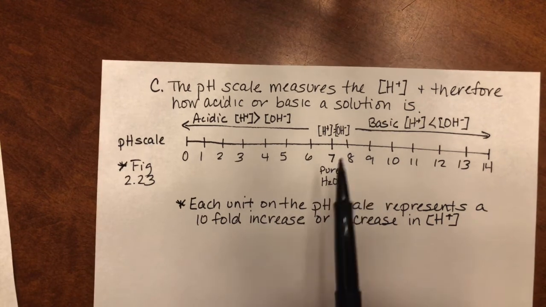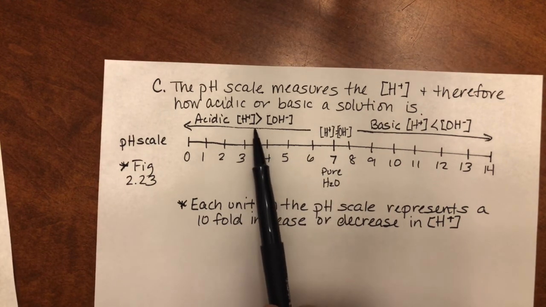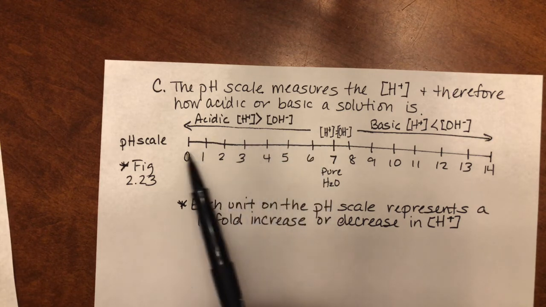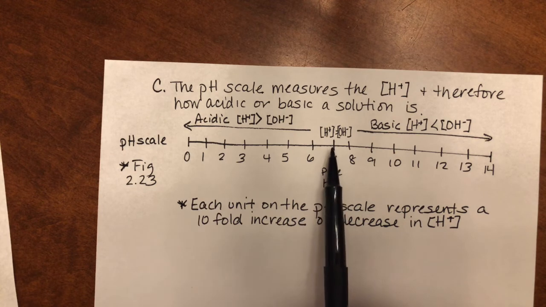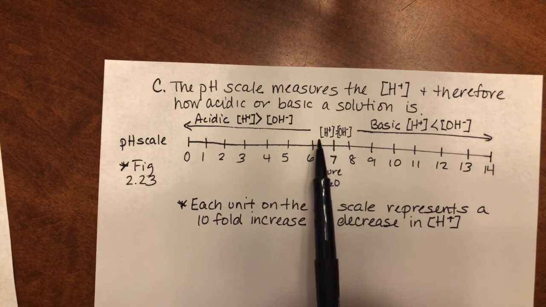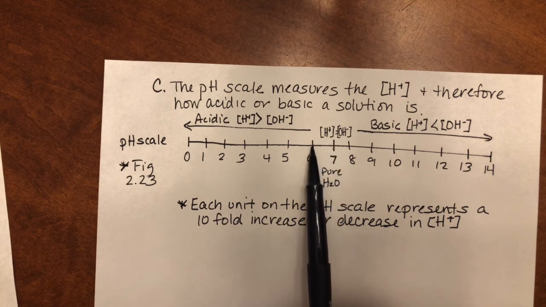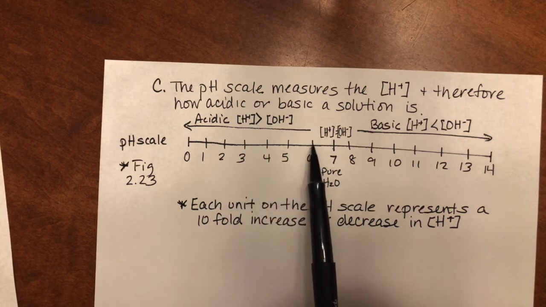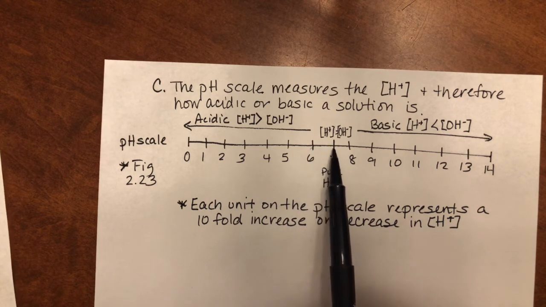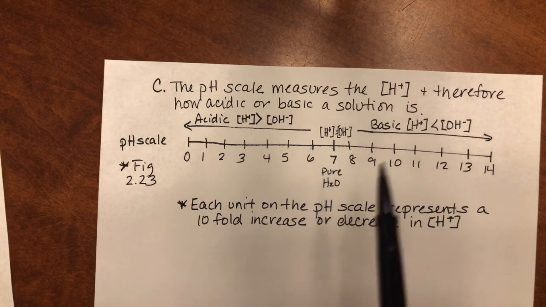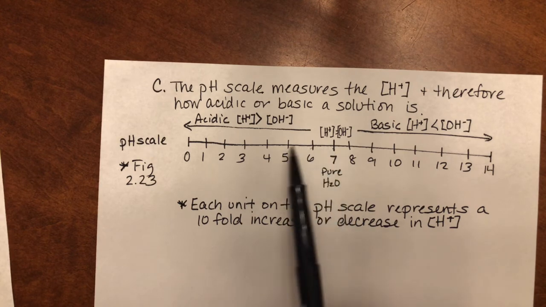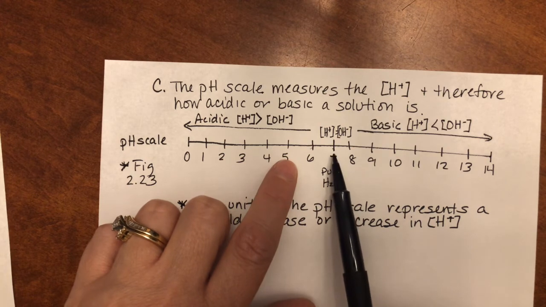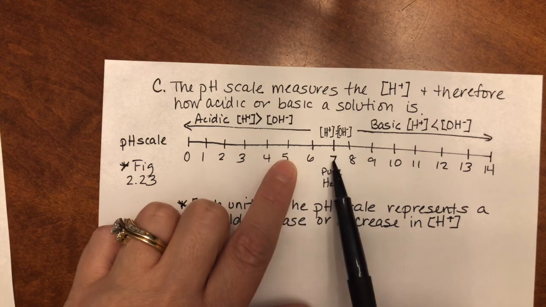We said that as you go this way, you get higher and higher H plus ion concentrations. So when you go from a pH of 7 to a pH of 6, a pH of 6 has 10 times more hydrogen ions than a solution at a pH of 7. So the difference between a 7 and a 5 would have how many times more H pluses than a pH of 7?